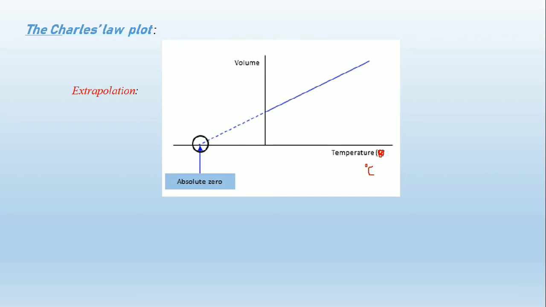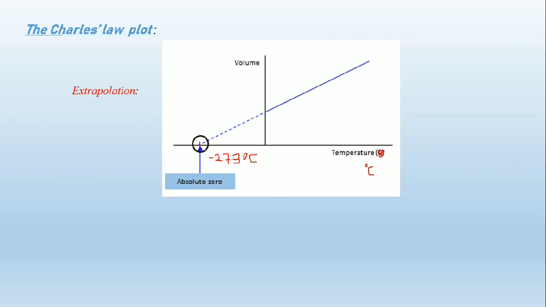The value of this particular point is minus 200, and yes, you guessed it right, 73 degrees Celsius.